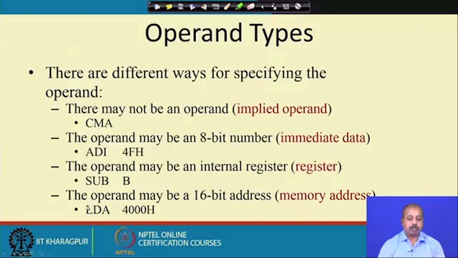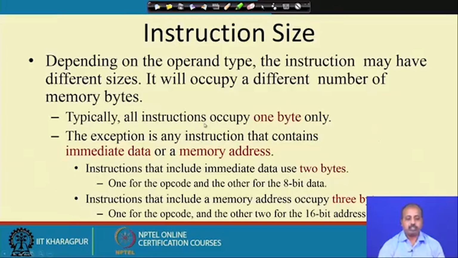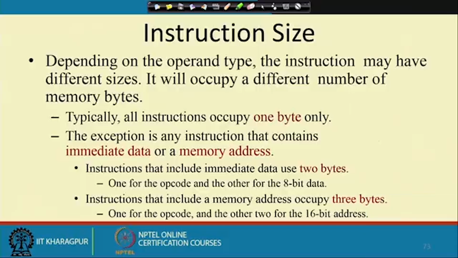Similarly, for this LDA, apart from the code of LDA, I need to specify a 16 bit number 4000. So, in all likelihood this will be a 3 byte instruction. The size of the instructions are not the same; depending upon the type of the operand, the size of the instruction may be different. That is what we are going to look into next. Depending upon the operand type, the instruction may have different sizes, and as a result it will occupy different numbers of memory bytes. Typically, all instructions occupy 1 byte only, because the opcode part has to be coded and the opcode should be 8 bit.